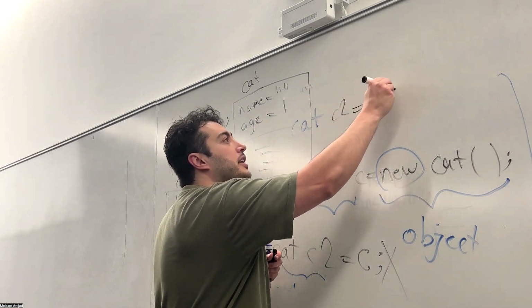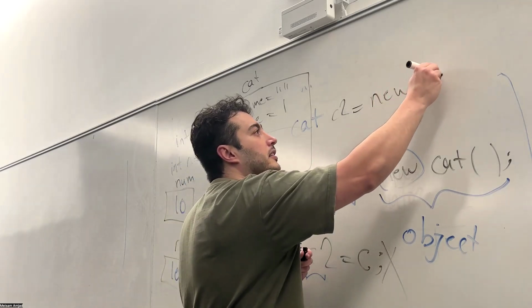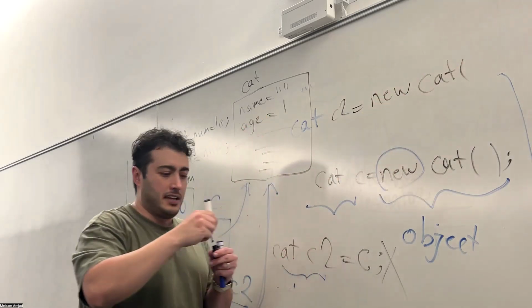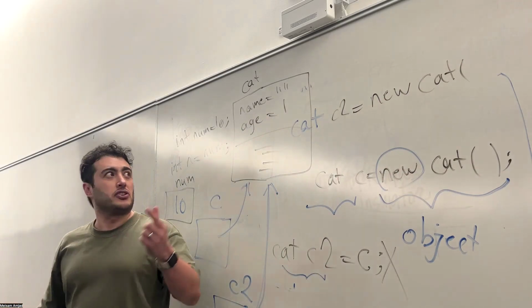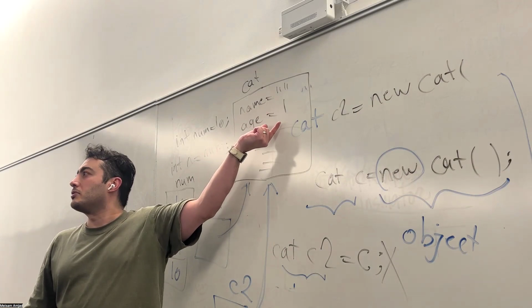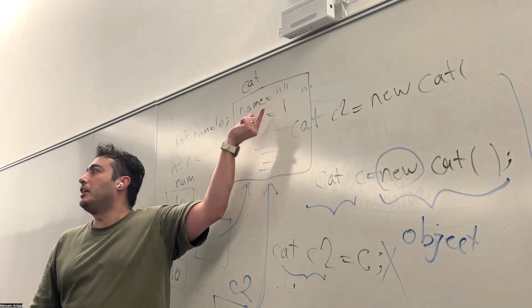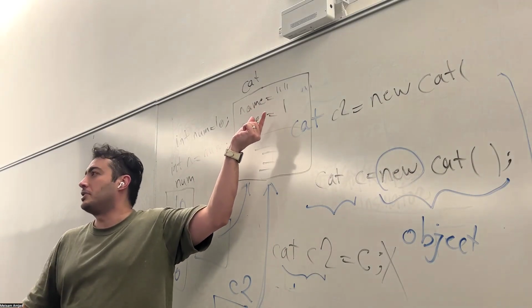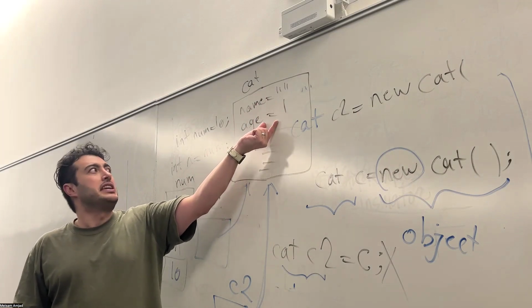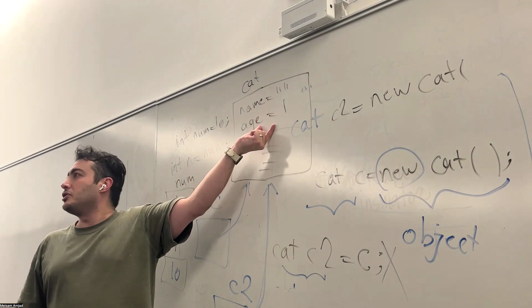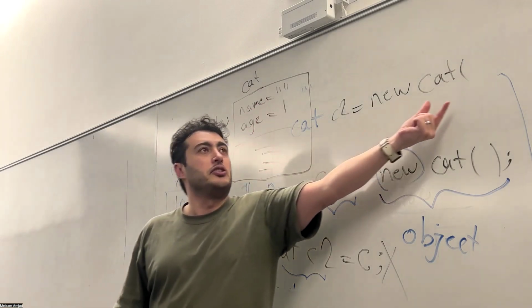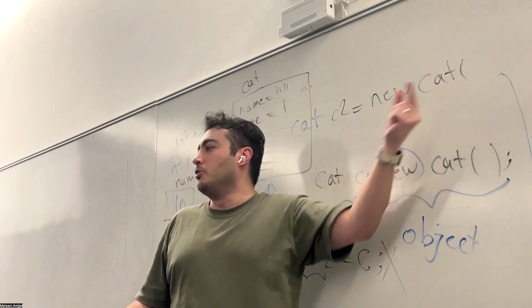You have to create a new cat object. And all that matters inside the objects are these instance variables. These are the important data in each object. So we get the name separately, we get the age separately, and we use them to create a new object.